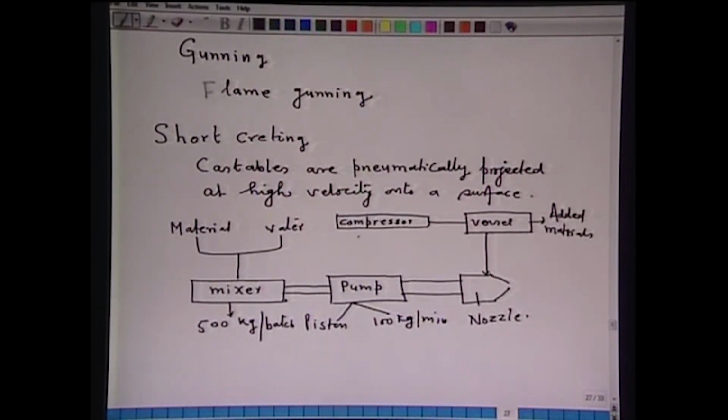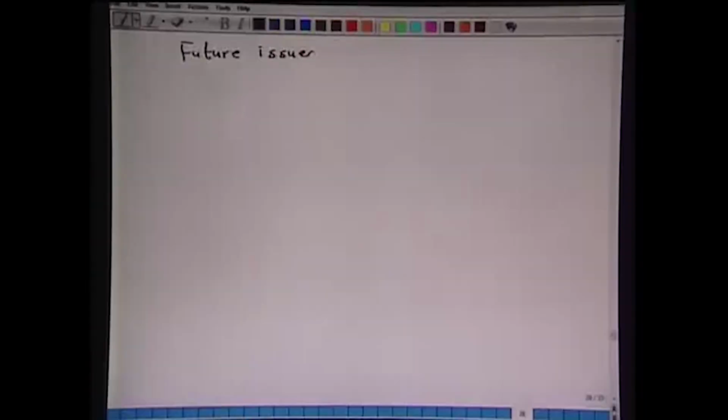An air compressor of the order of 11 meter cube per minute capacity is required. So, this is in short about the modern trends or emerging trends in refractory. Now, if some of you are interested in refractory and do some work, then I will just outline future issues in refractory technology.